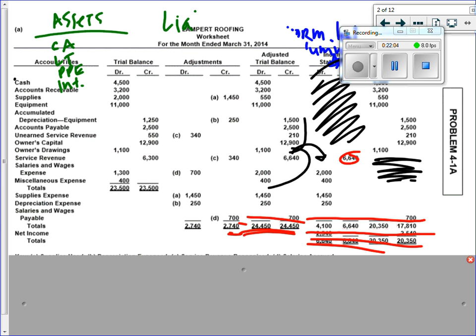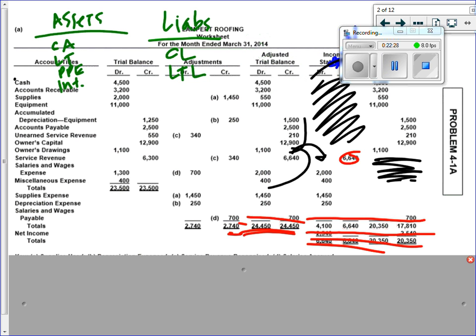Liabilities. What are the 2 classifications that are there? Current and long-term. And owner's equity, the only thing that will ever show up there is capital. And remember, that's forced math based on their share of net income minus the drawing. Okay.